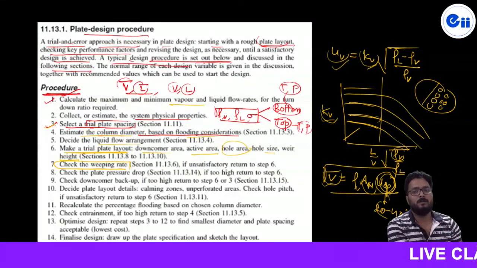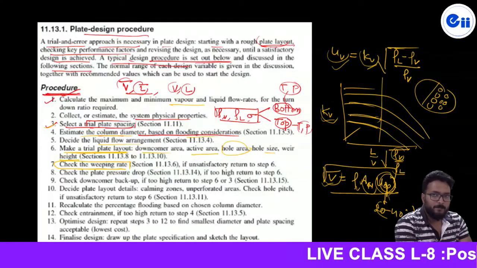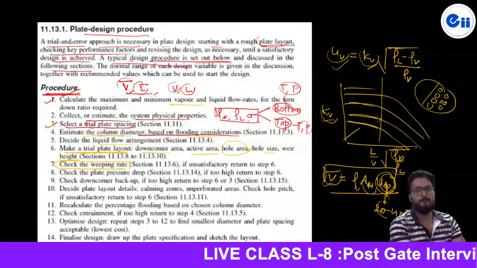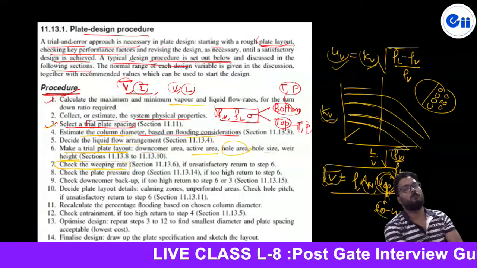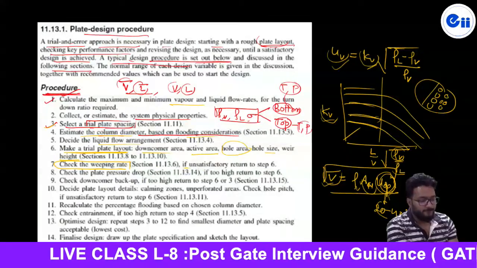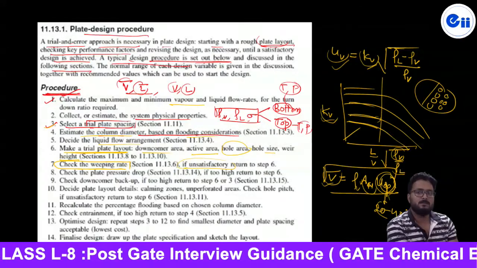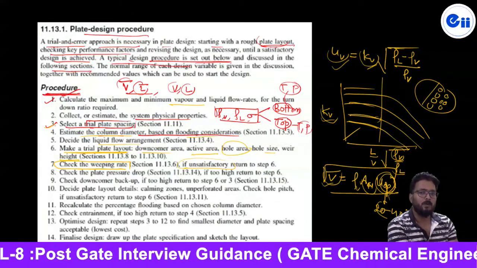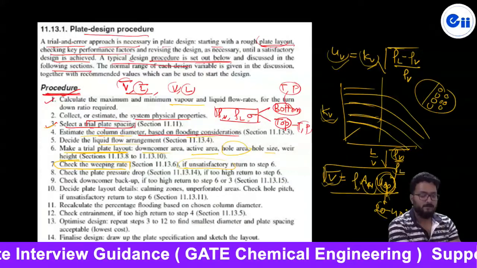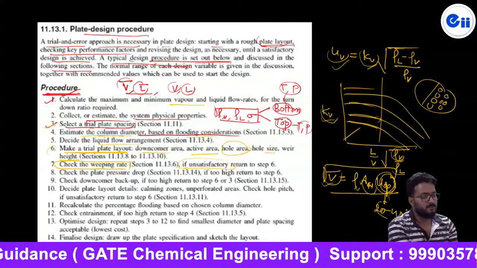There is an empirical correlation, and on that basis we can find out whether our operating velocity of vapor is more than the weeping velocity or not. If your operating velocity is just above, equal to, or lower than the minimum velocity, called the weeping velocity, then obviously we should return to step number 6.